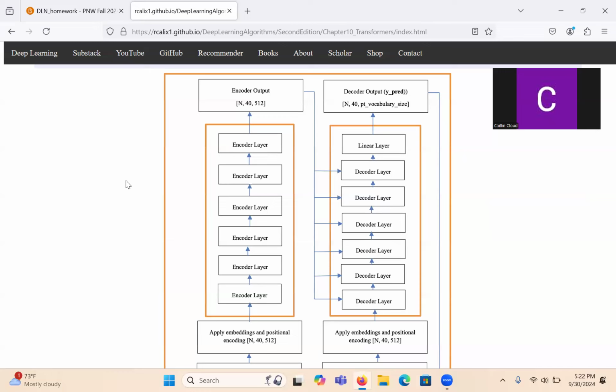Back in 2015, 2016, they had RNNs, and they even put this mechanism called attention in them. People thought, okay, these are great. Then in 2017, they created this transformer for language translation, which had an attention mechanism.